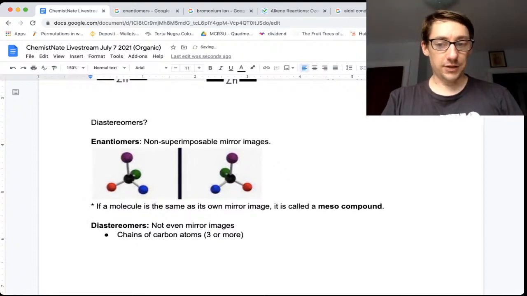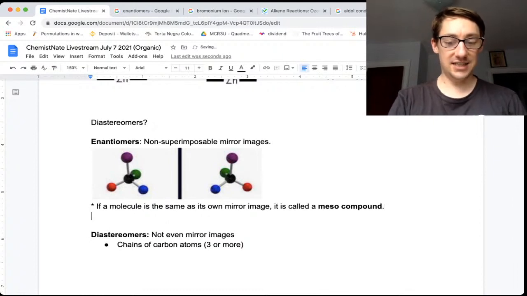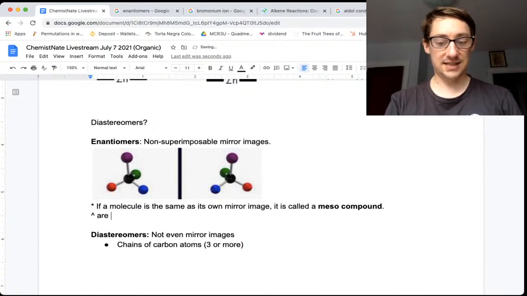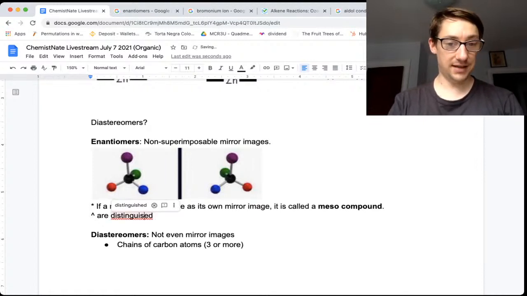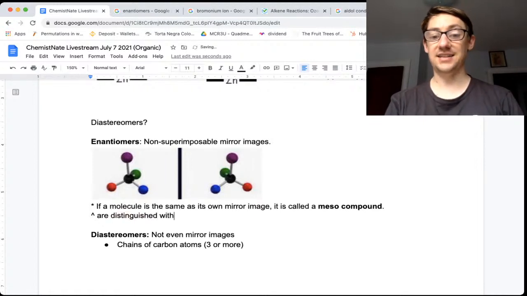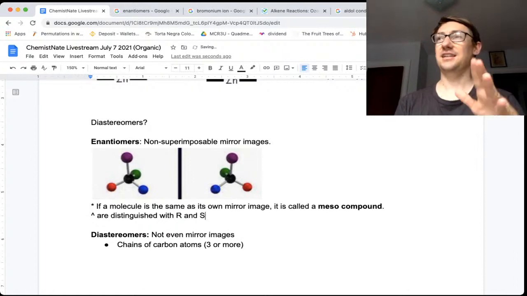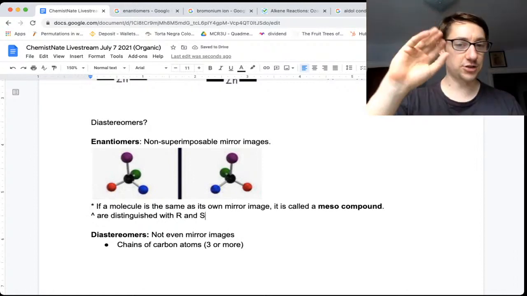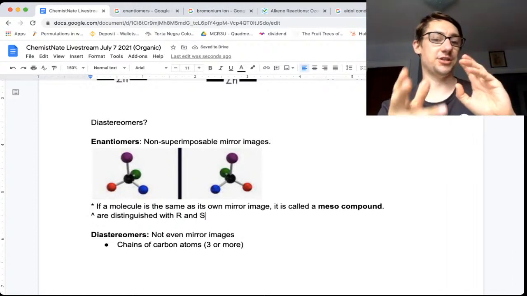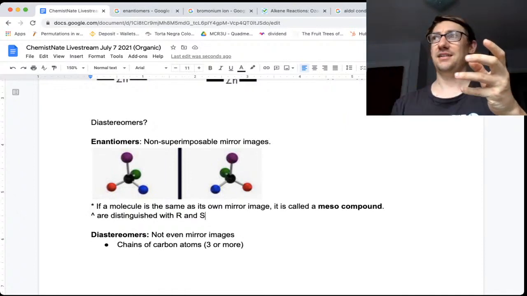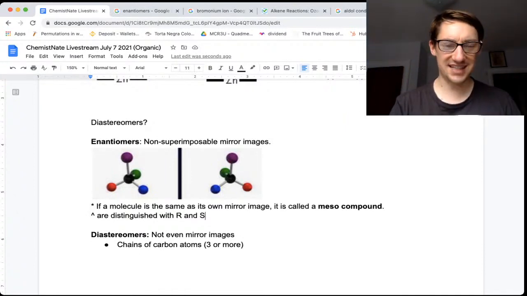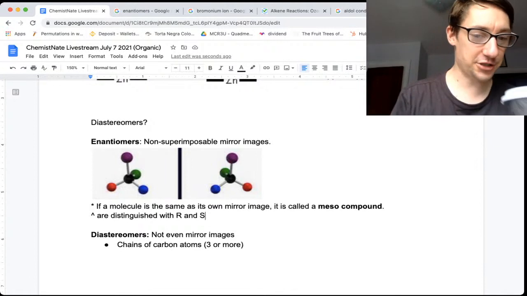What you might recall is that enantiomers are distinguished in terms of naming with R and S. It's like levorotatory and dextrorotatory for which direction they rotate plane polarized light or something. That's all I actually know about it.